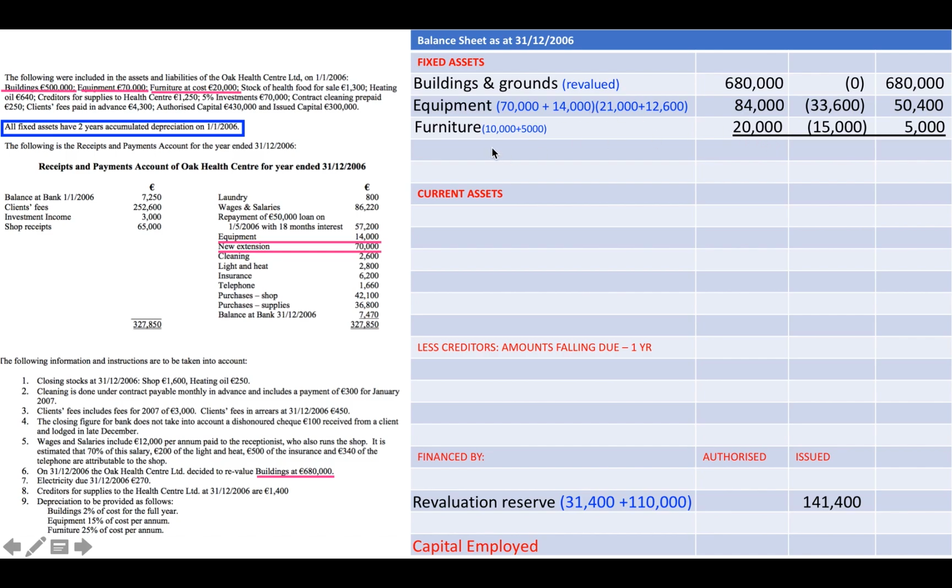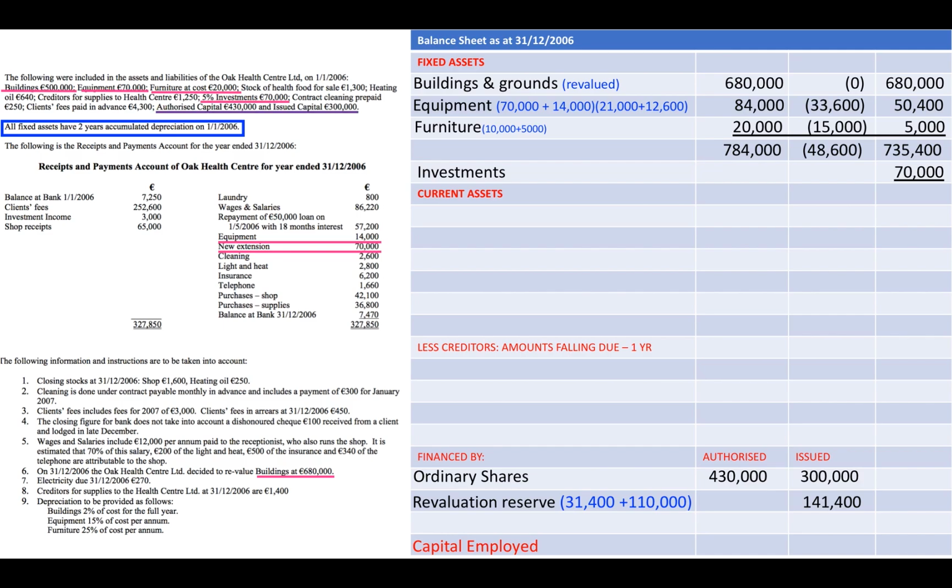And then what we do is we take away 2 years accumulated depreciation there, and also this year's depreciation of 5,000, which is 15,000 altogether. So net book value there, €5,000. You tot all them up, you add in your investments, your 5% investments, which is 70,000. So that's all of your fixed assets there.